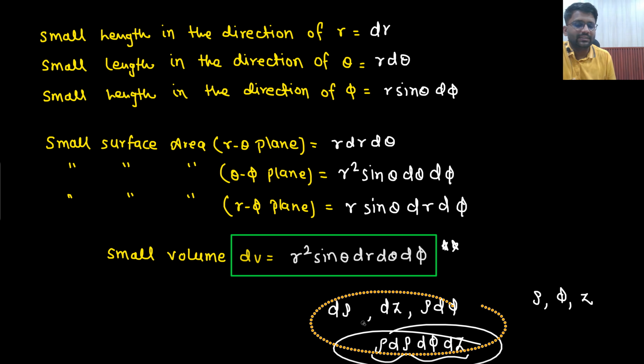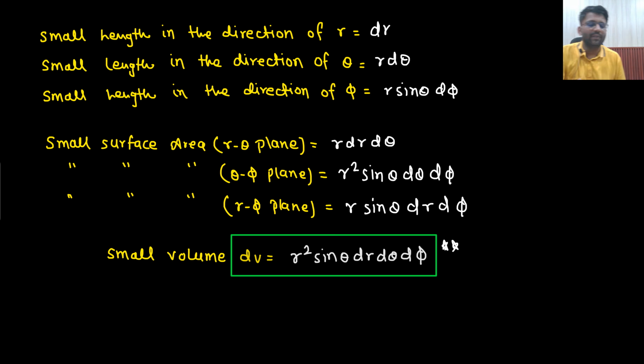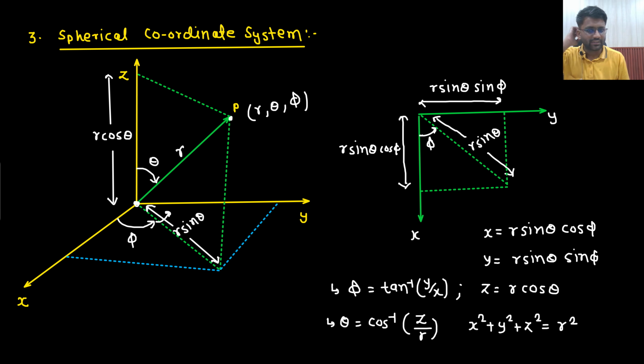If you just revise this lecture one more time, then everything will become very easy. Otherwise, you will feel like, sir, coordinate system is very tough, integral calculus is very tough. I will just solve some simple questions in the lectures, and you will feel like you know integral calculus. But when you go to PYQs, you will struggle there. That's why I am spending so much time on the coordinate system, because if you understand the coordinate system in the best possible manner, then no one can stop you from solving the toughest problems of integral calculus.